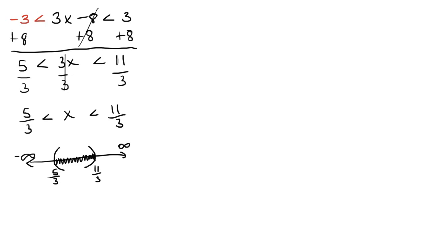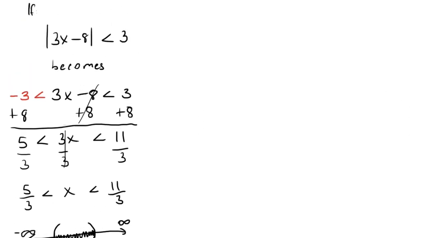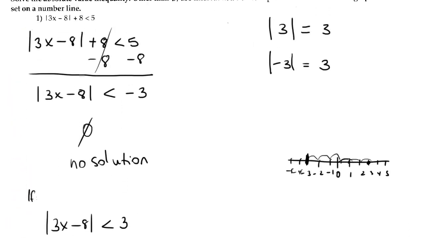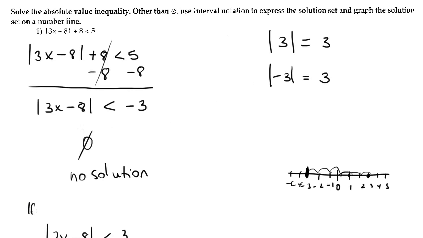If I wrote this in interval notation, my solution set starts at 5/3, not including 5/3, and ends at 11/3, not including 11/3. So this is a hypothetical solution if this was the absolute value of 3x minus 8 is less than positive 3. But as the problem stands, the correct answer here is no solution.